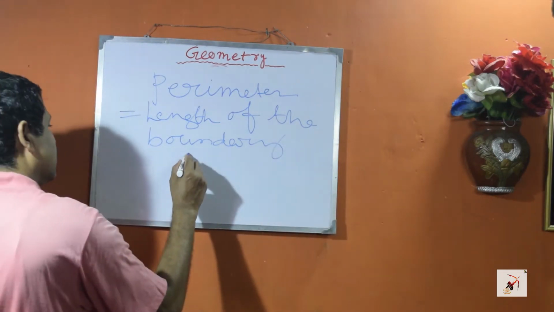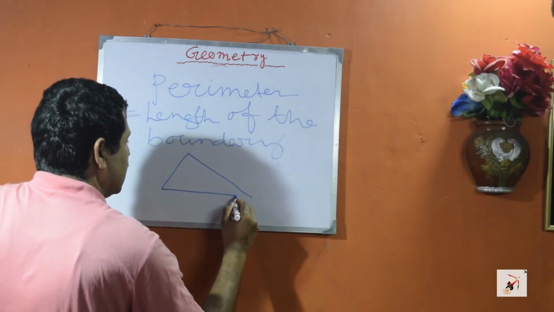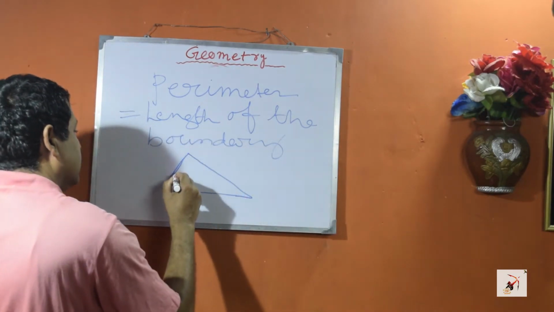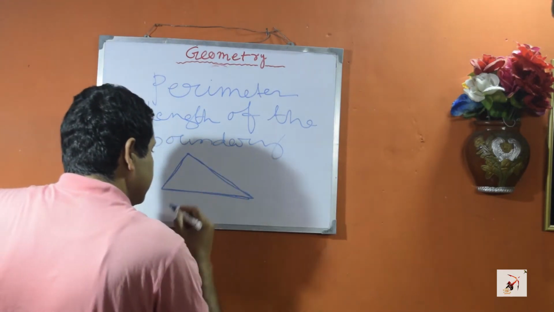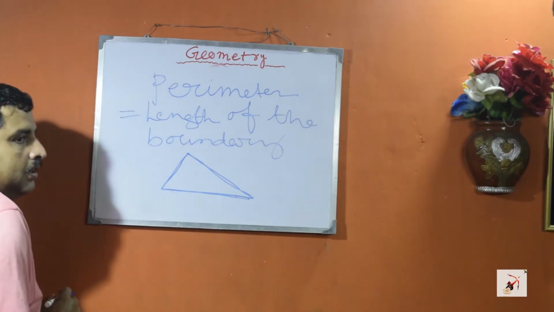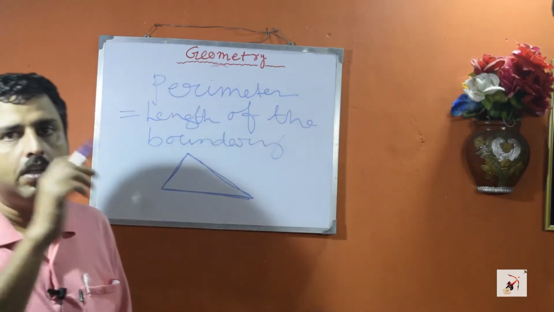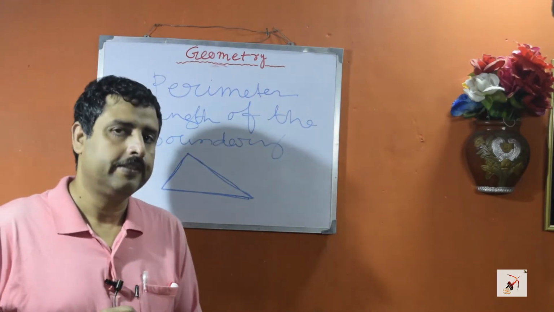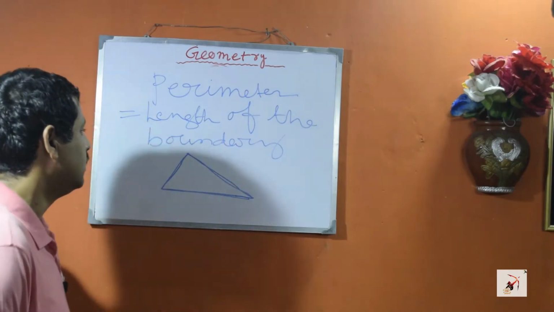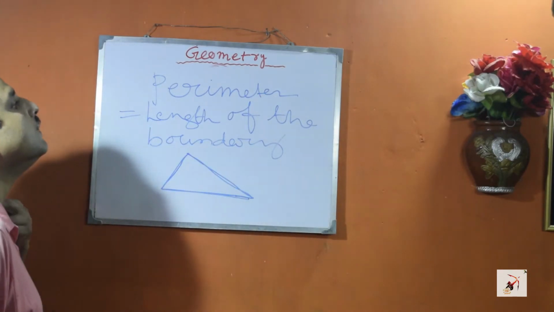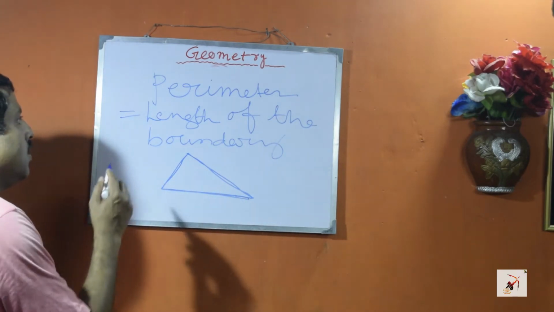Normally, suppose this is a triangle, its perimeter, these are the boundaries. In the case of a circular field, the length of the circumference is the boundary. Similarly, the length of the boundary is the perimeter. So let us concentrate on our discussion.